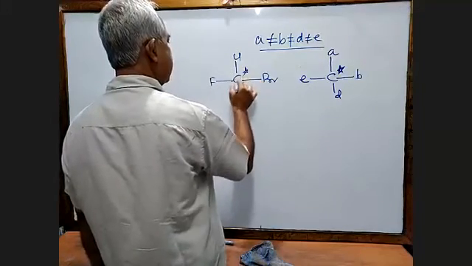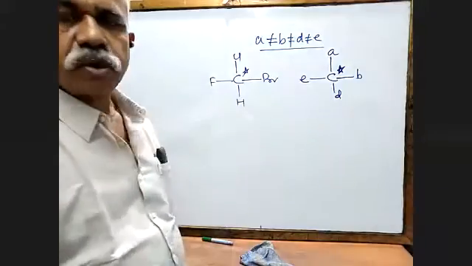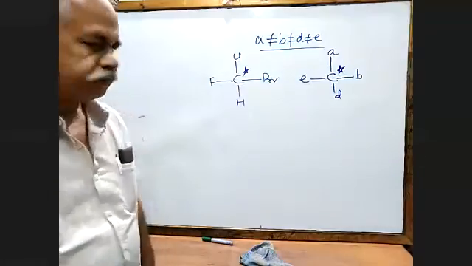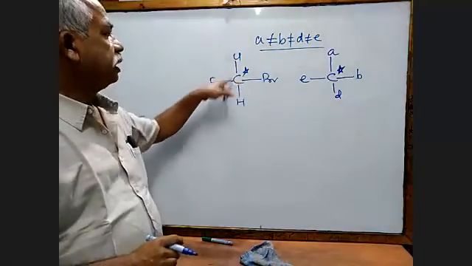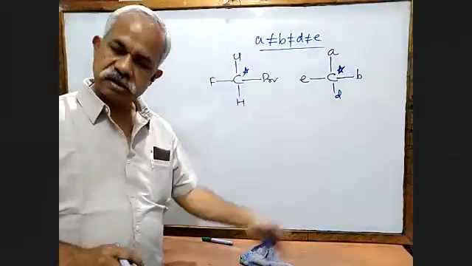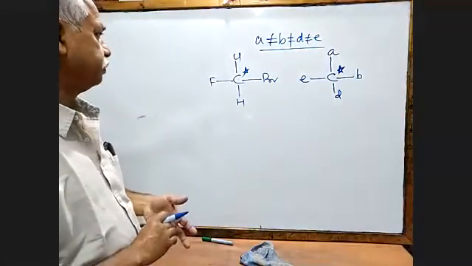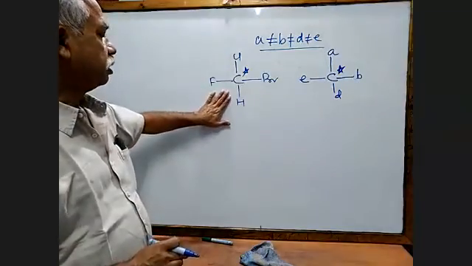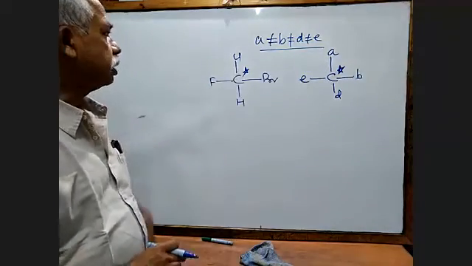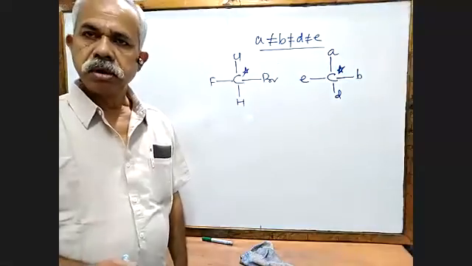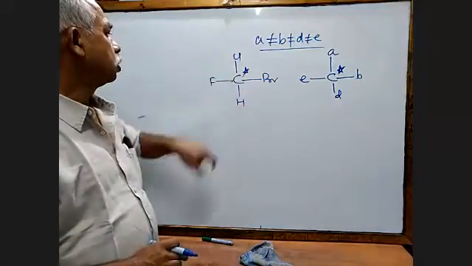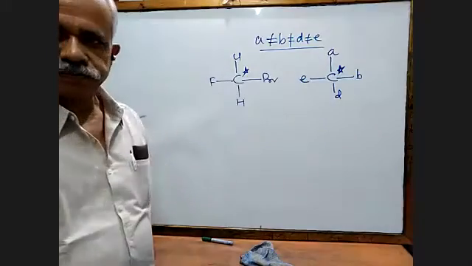Look, all the atoms bonded to the carbon are different. So this molecule is optically active. It will rotate the light towards right, and its mirror image will rotate the light towards left. So this carbon is asymmetric. What will be the name of this one? No problem, we write in alphabetical order: bromo, chloro, fluoromethane.